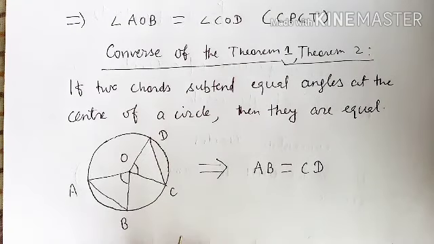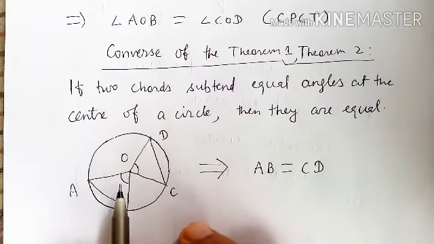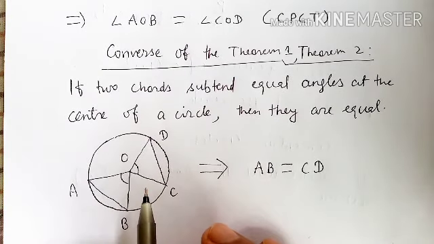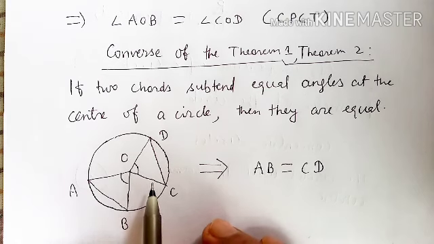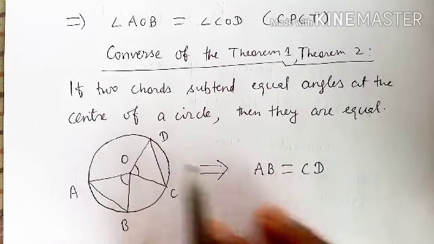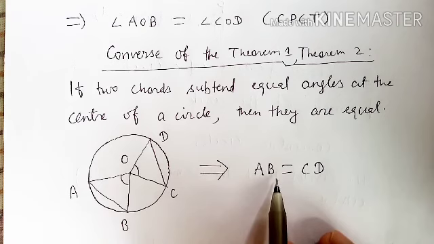Given that in the circle, chords AB and CD make angle AOB equal to angle COD, and we have to prove AB is equal to CD.